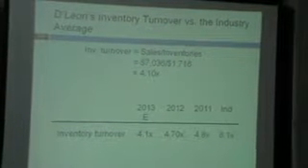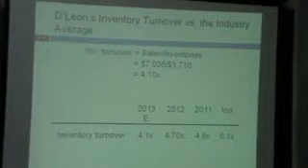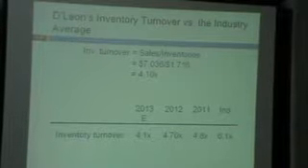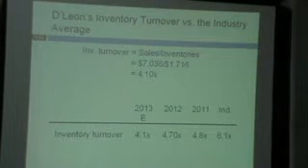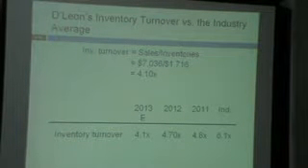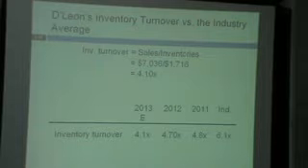The formula for calculating the inventory turnover ratio is sales divided by inventories. The annual sales is 7,036, divided by the inventory that we have at the end of the year, 1,716. So inventory turnover comes to be 4.1 times.